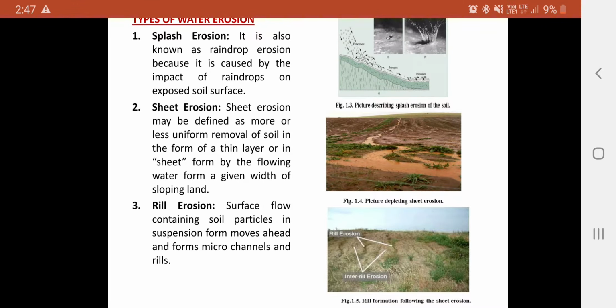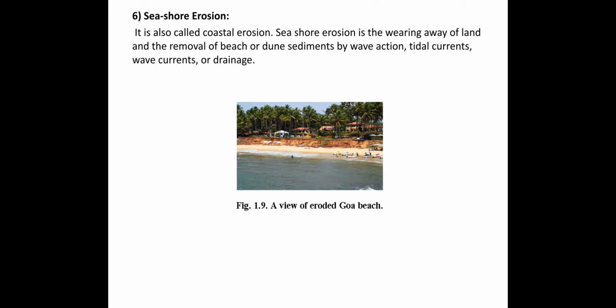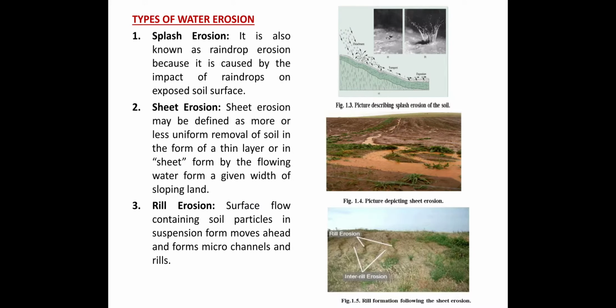The fifth one is the stream bank erosion, and the last one, the sixth, is the sea shore erosion, which is also called the coastal line erosion. Now we will see them one by one.